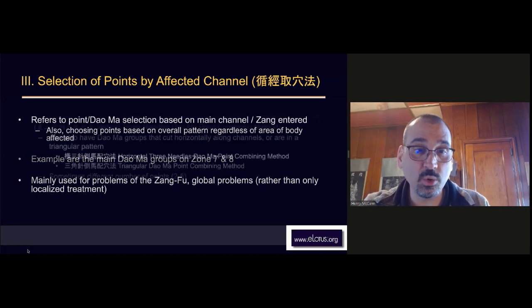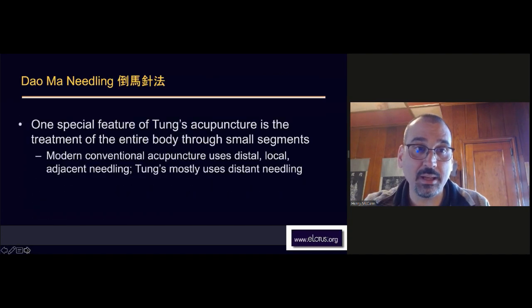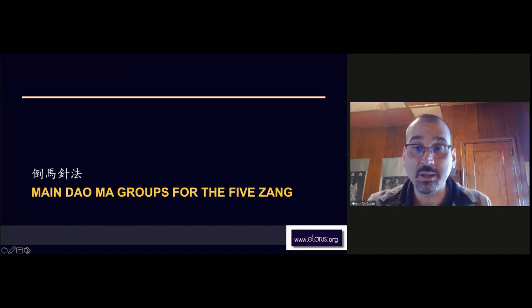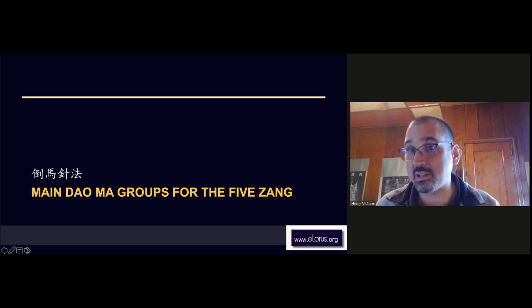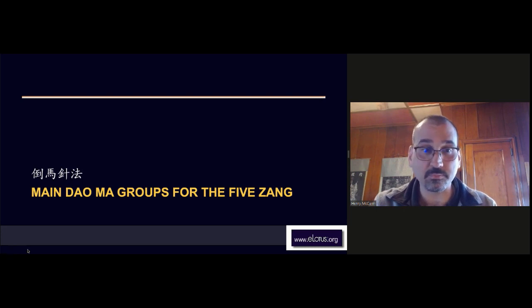So let's do a quick review of the 5 main Dharma point groups, because this then will bring us into the realm of mental emotional treatment, and you'll see very clearly how. If we don't understand these points, we're going to have a hard time understanding the point protocols.